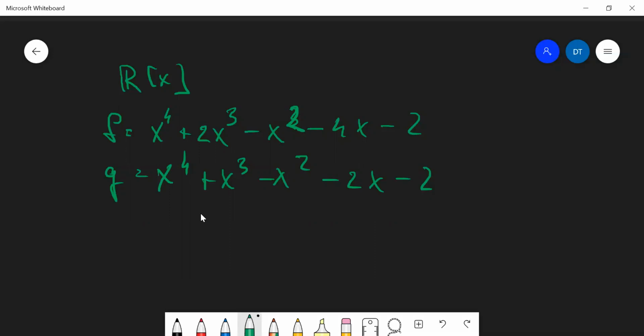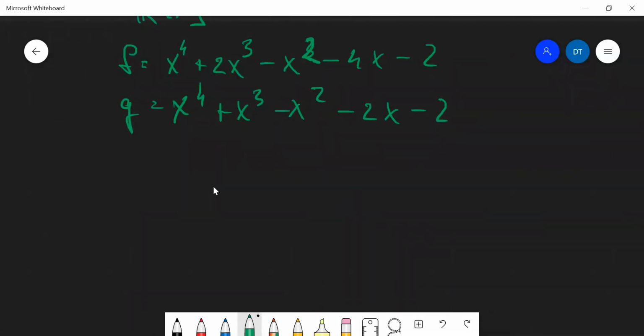So how do we compute? First of all, we want to divide f by g with remainder. f equals q times g plus a remainder. So we want to find the quotient here and the remainder here. What is the quotient?